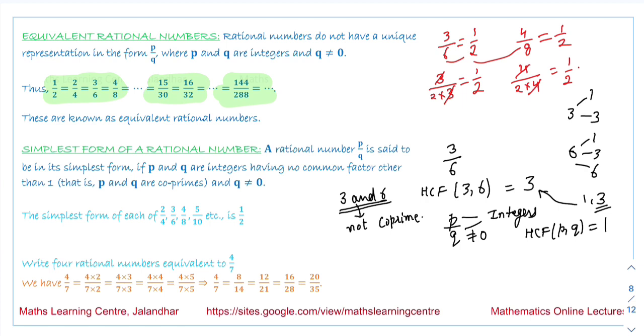So if suppose I am talking about, say, number 7 by 9, we see that HCF of 7 and 9 is 1. So we say 7 by 9 is the simplest form.